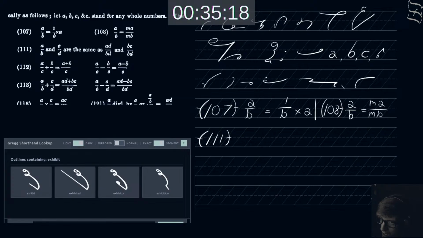It states that A over B and C over D are the same as AD over BD and BC over BD.